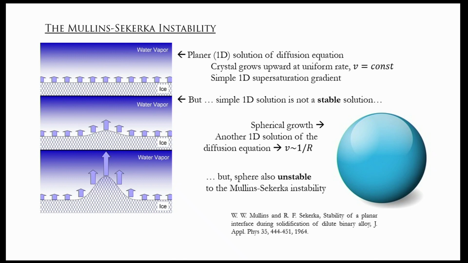So you do not get these simple solutions for very long. They will become unstable and produce very complicated solutions. And that's just something you have to deal with. And that's why, if you really want to make progress in comparing with experiments, you have to make these computer models to get a handle on this, because you can't just write down analytic solutions anymore.